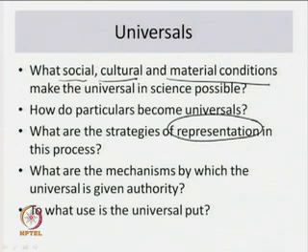Okay, so we move on to the 4th point, which goes like this: what are the mechanisms by which the universal is given authority? After exploring the strategies of representation of the universal, we also know that the universal is legitimized, given authority.